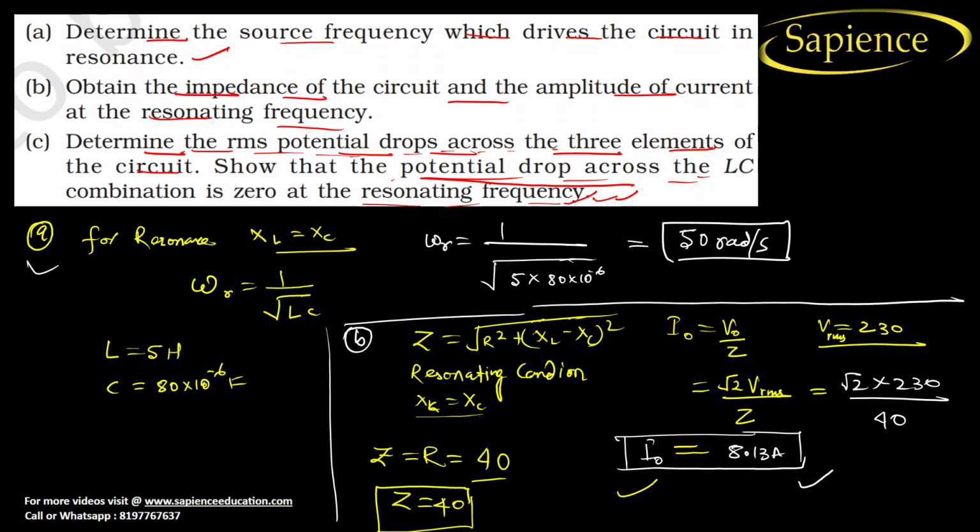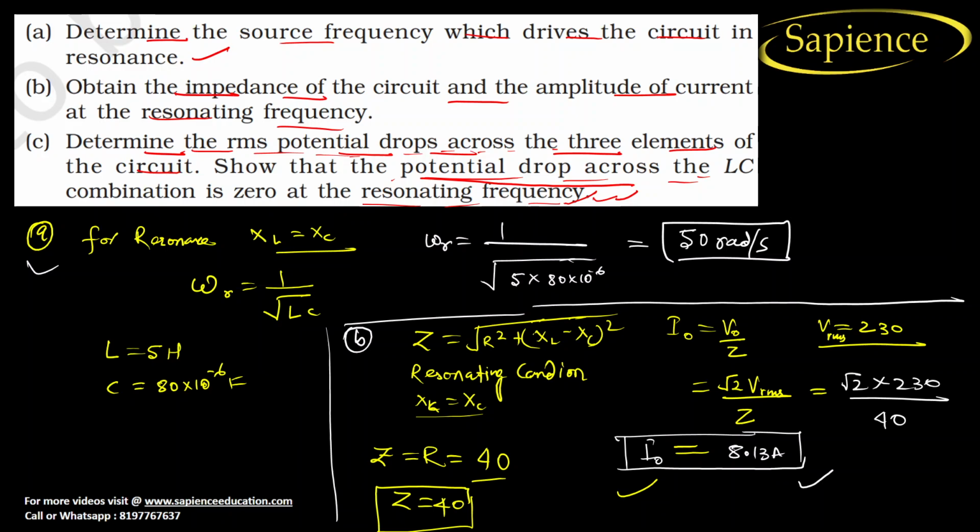Let me calculate it again. This will be 400, and 10 to the 6 so 1000 divided by 20. So this will be 50.